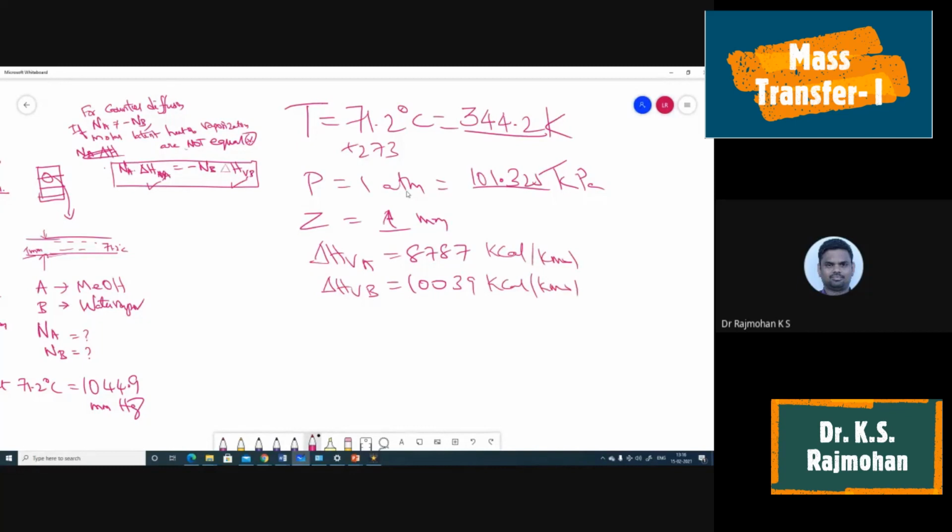Then we have DAB given. So now we start the calculation. Na into delta HV of A is equal to minus Nb into delta H of vaporization of B.